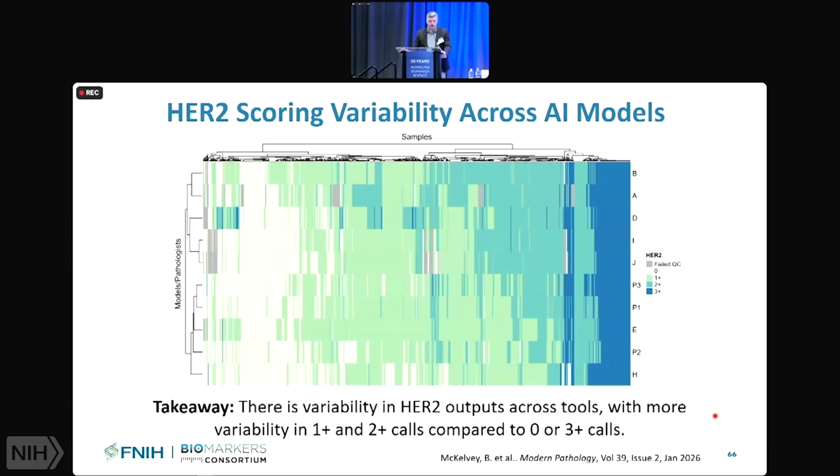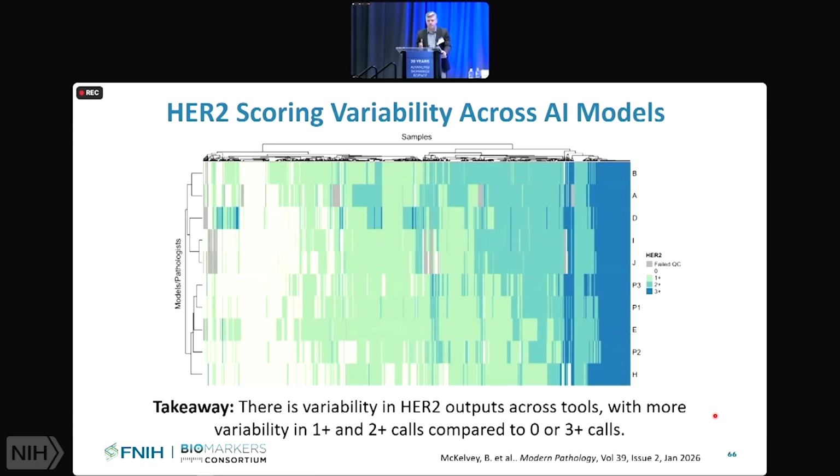The sum here is that on the right-hand side, the dark blue are the high expressions of HER2 3+, and you see great agreement across the different tools here. And similarly with the 2+, relative agreement across the different tools and the human assessors. Now, as you go to the left and HER2 expression becomes lower and lower, all the way down to those that had 0 expression, is where you start to see some level of variability.